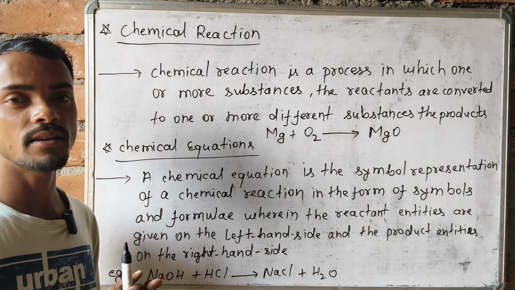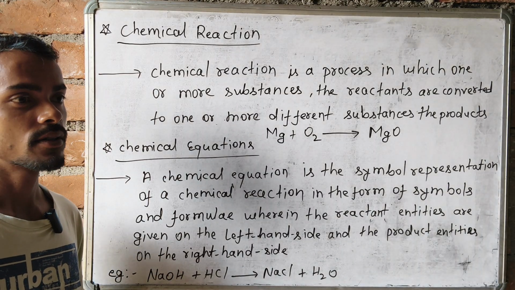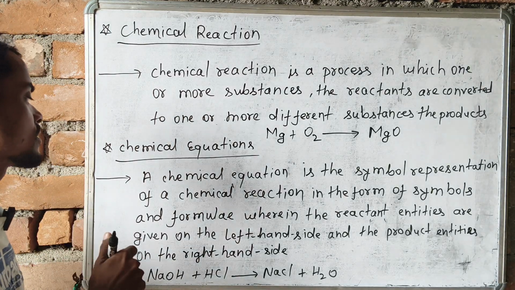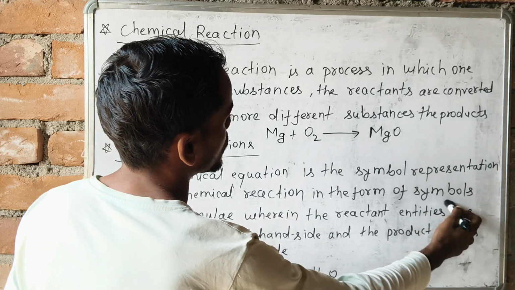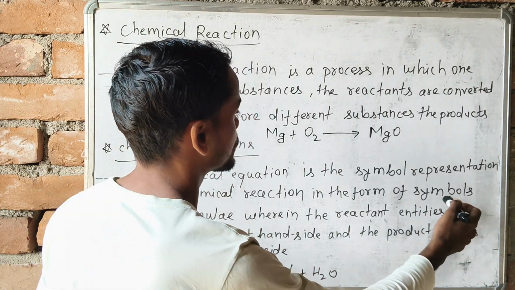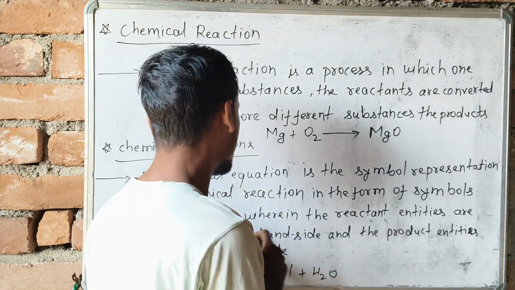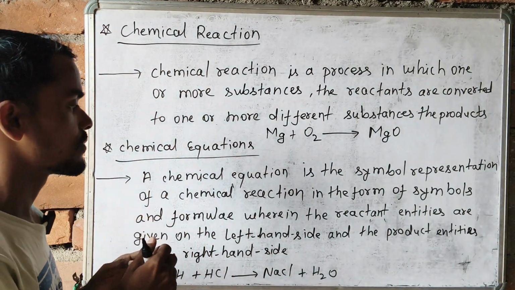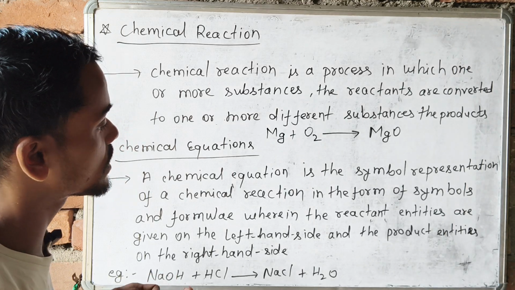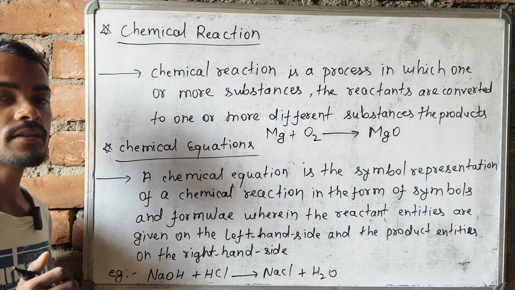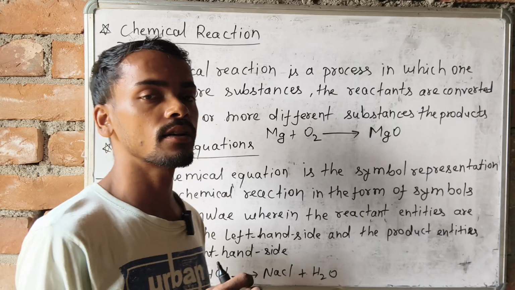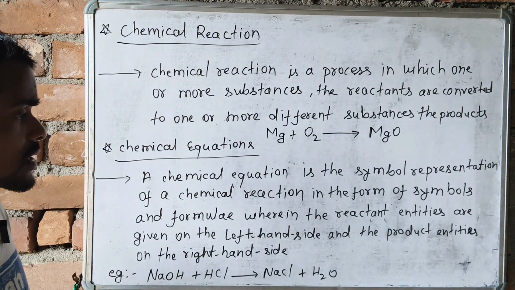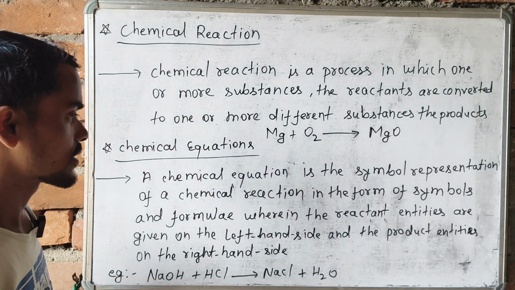To make that chemical process short and simple, we represent it with the help of formulas as well as symbols, so that we do not face a lot of difficulty writing and remembering that reaction.